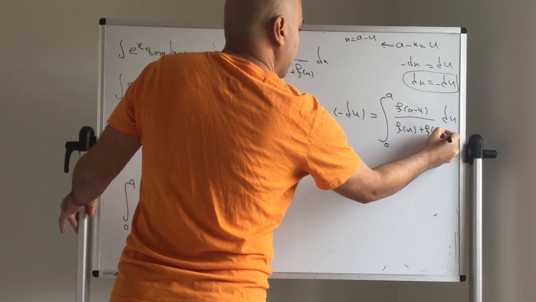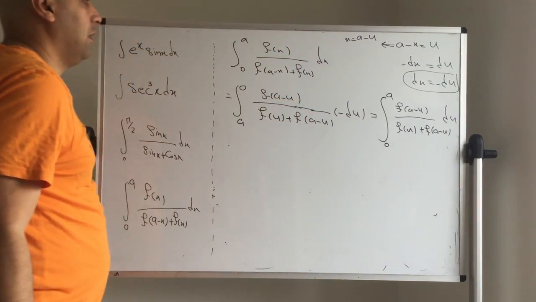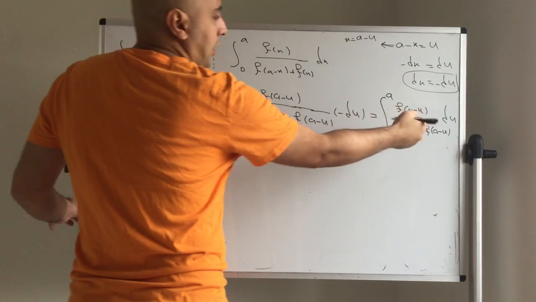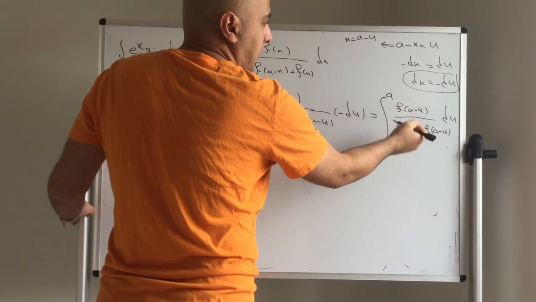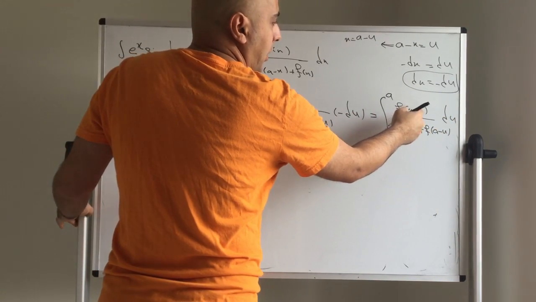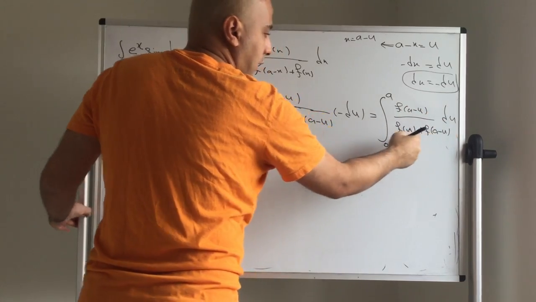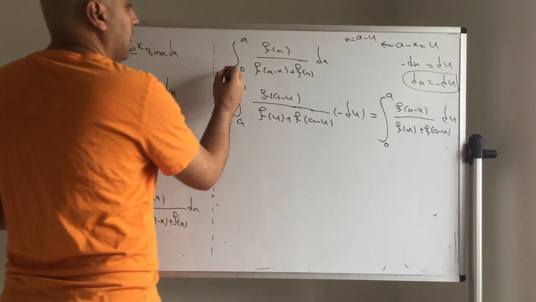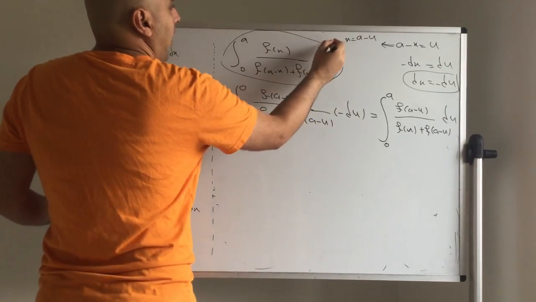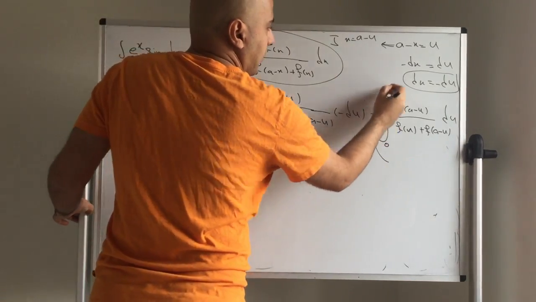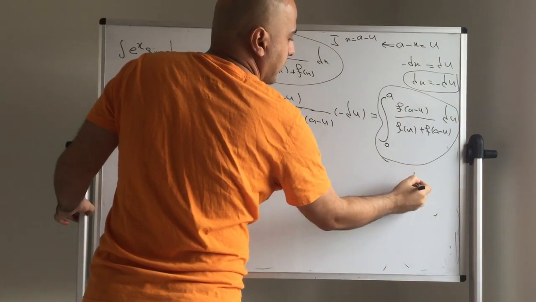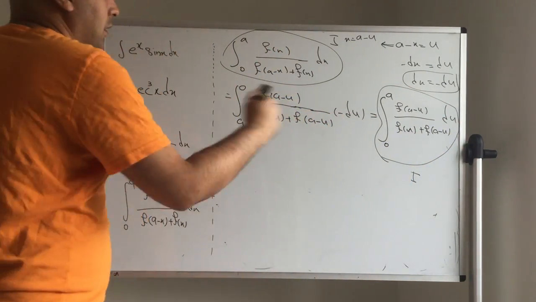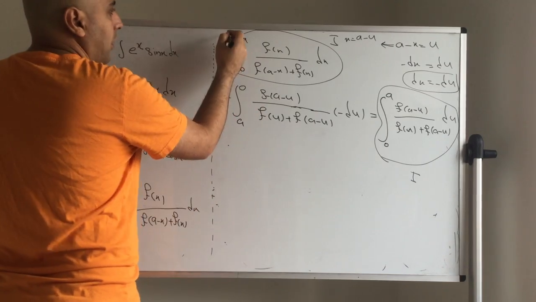Okay, again, I can easily change the name of the variable, because it doesn't depend on the name of the variable. So if this is I, this one is also I.